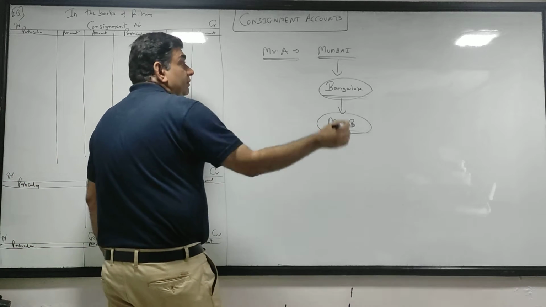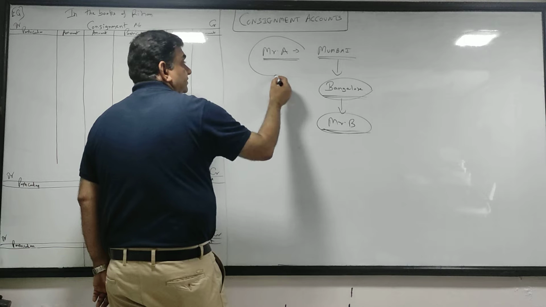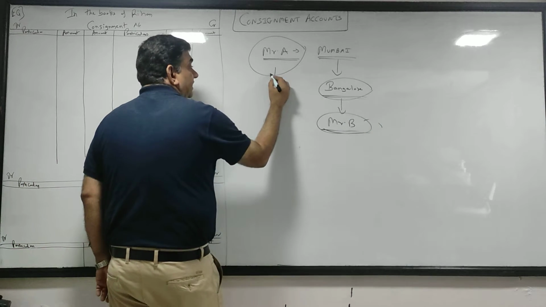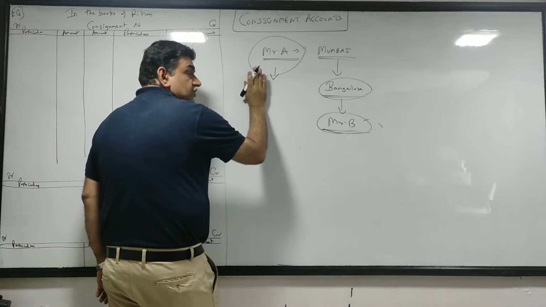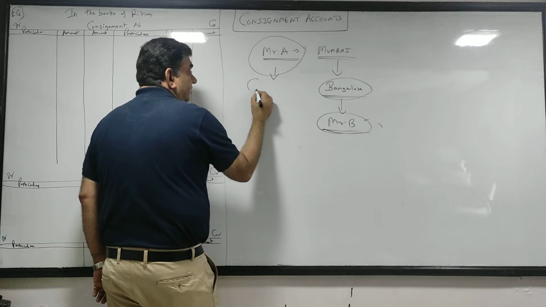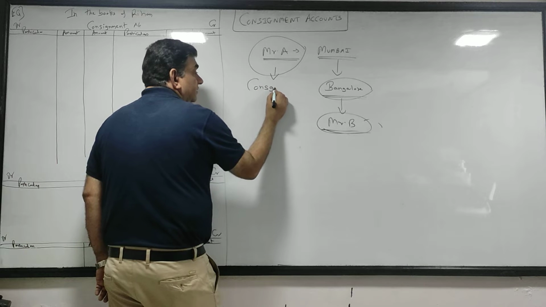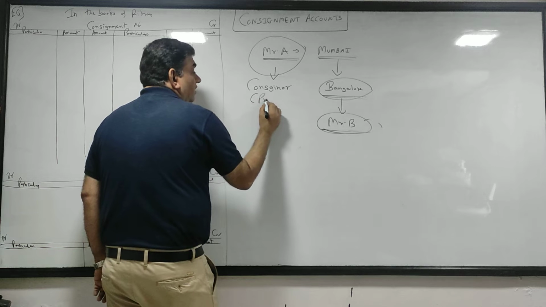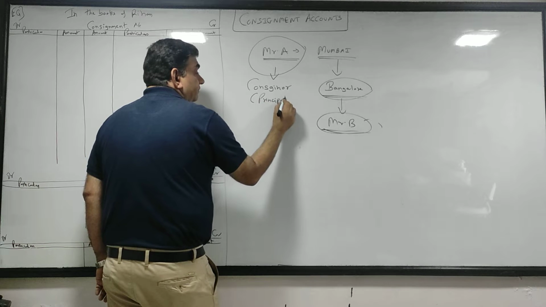Now who are the two people here? Mr. A, Mr. B. Now ये transaction में it was originally created by A, so he becomes the consignor, which we also call principal.